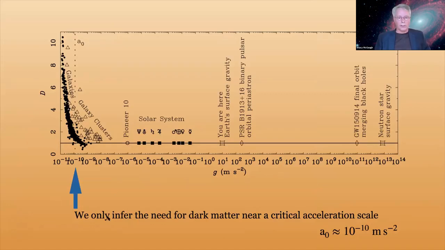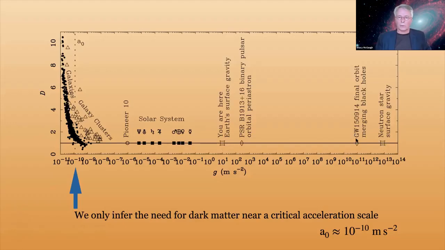And we only really run into this dark matter problem near these very low acceleration scales. So this is the amplitude of the discrepancy, i.e. how much dark matter we need relative to the normal matter as a function of acceleration over everything I could think of. So you are here. This is the 9.8 meters per second squared that we live with on the surface of the Earth. Here are some very high acceleration systems.